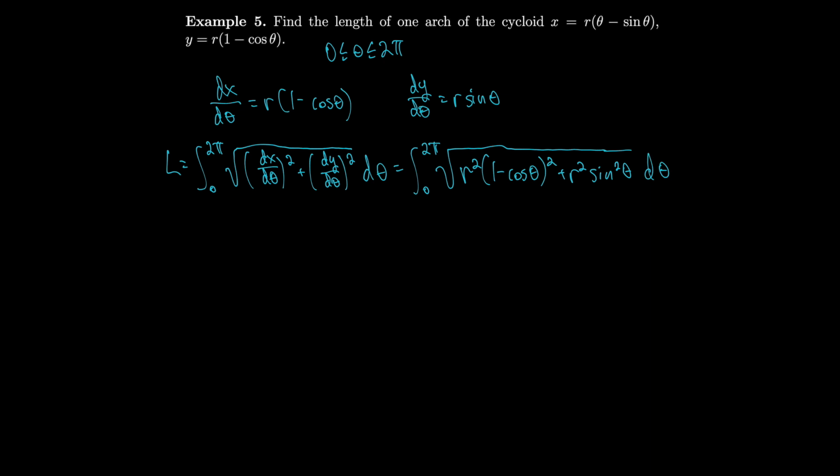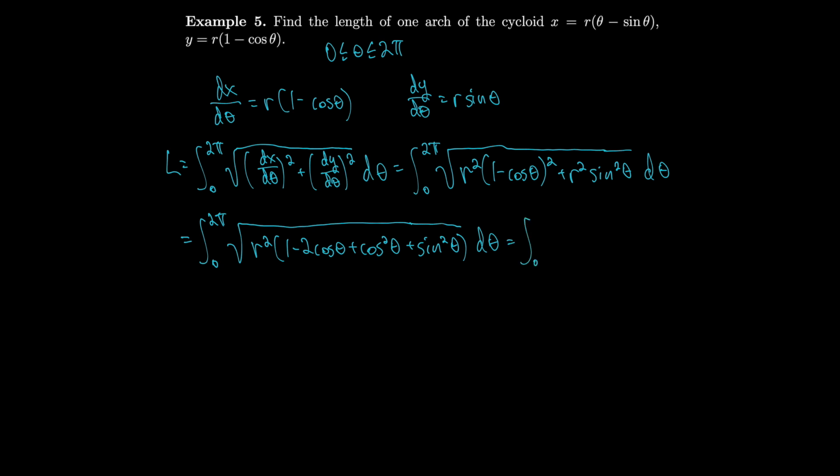So we can write this as the integral from 0 to 2 pi of r squared, because we'll factor that out, times 1 minus 2 cosine theta plus cosine squared, by foiling that out, plus r sine squared. Okay, well that's sort of nice because we have cosine squared plus sine squared.